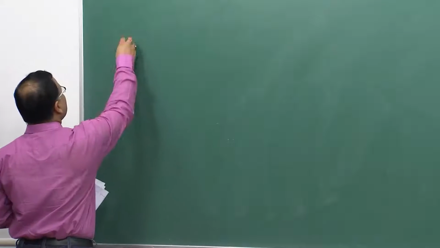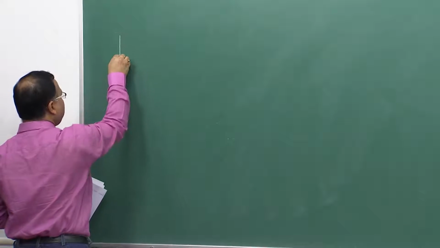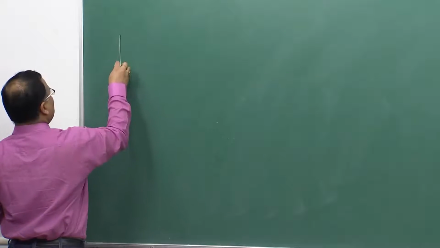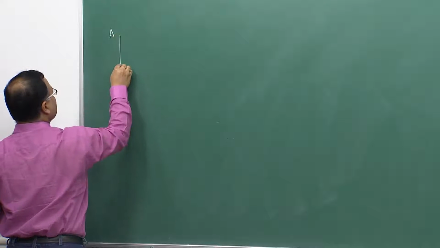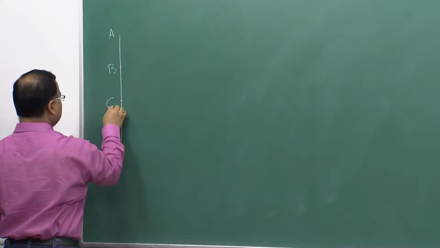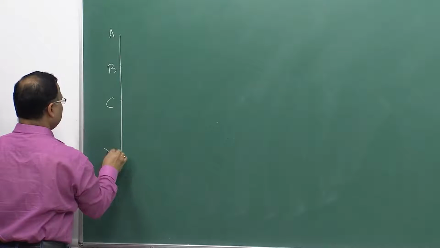So, we can plot this distribution. This is your different points, point A, this is your point B, this is your point C, and this is your point D. Okay.